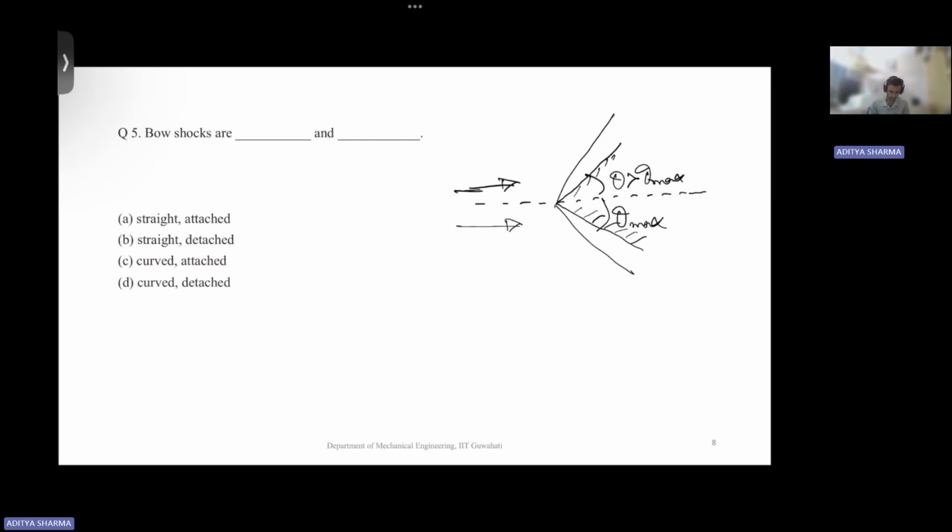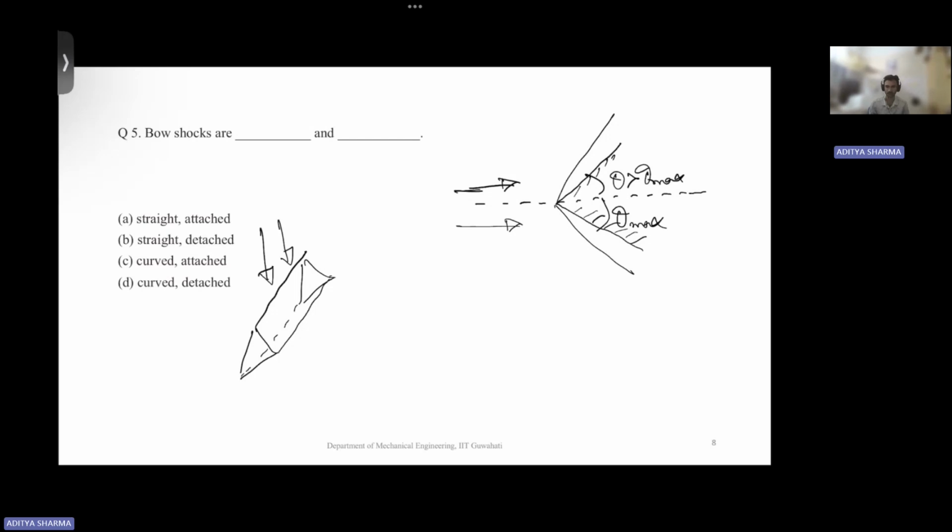So in 3D, if you see, it is like this. Structure something like this. Then flow is happening in this direction.